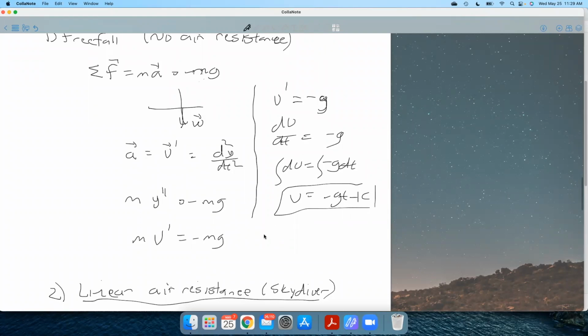But we could also solve it as a linear DE and say v prime plus g equals 0. Actually, we wouldn't want to do that. Our integrating factor here is just 1.